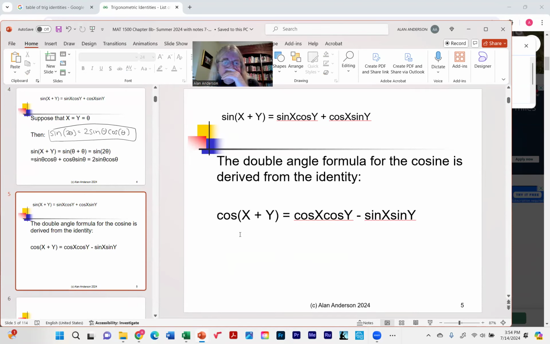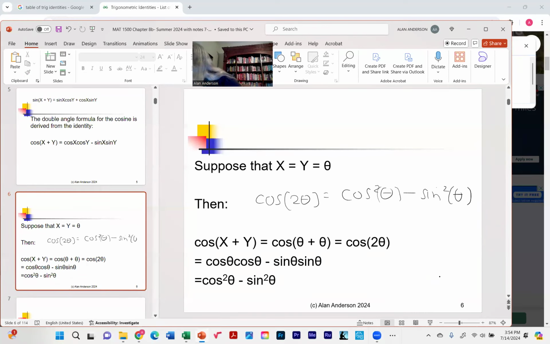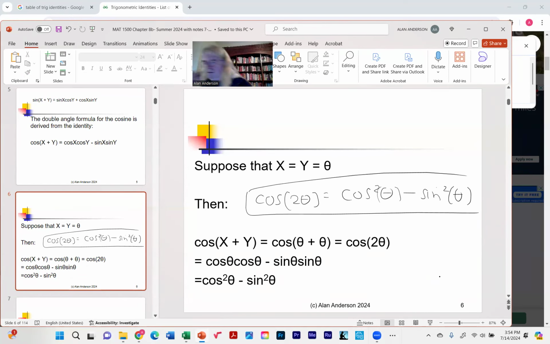So we can use this to derive a double angle formula for cosines by following basically the same approach. x equals y equals theta. So ultimately we end up with this.